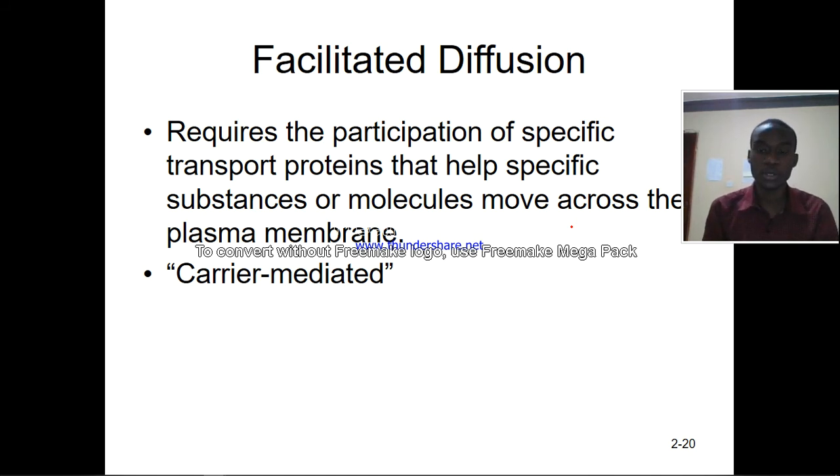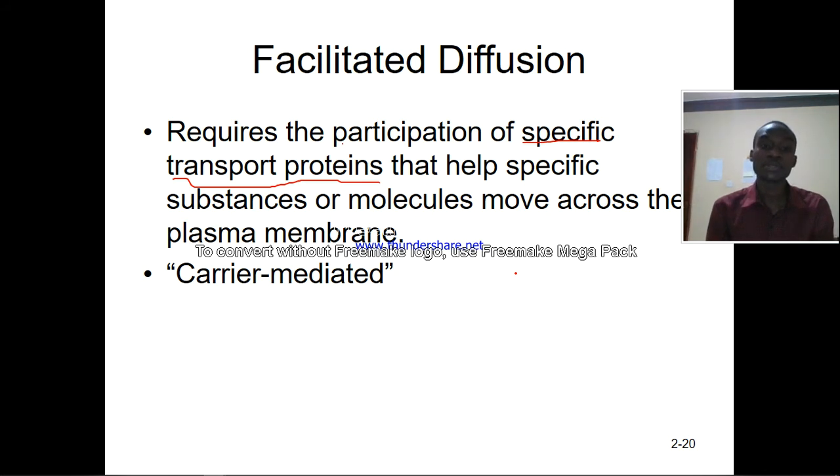Going further into the passive mechanisms of transportation, we have facilitated diffusion. This one requires no ATP utilized by the cell, but it will need specific transport proteins. We shall find those transport proteins in terms of protein channels, in terms of peripheral proteins, in terms of integral proteins. They are mostly channel proteins.